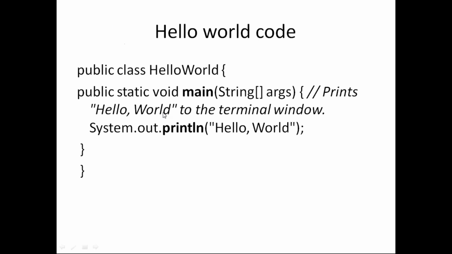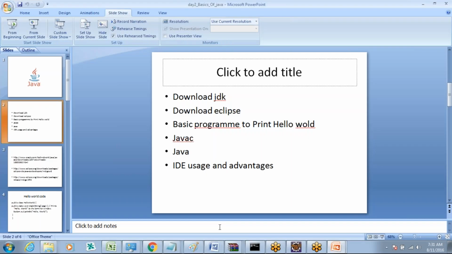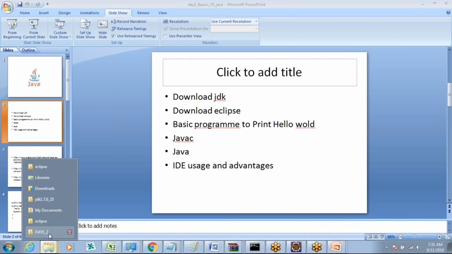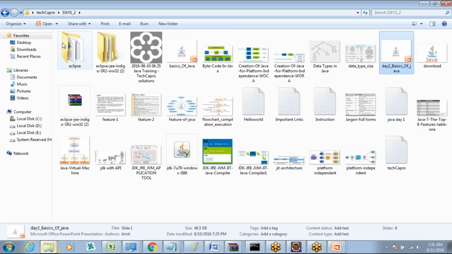Okay. Now for this, let's go ahead. Again, I'll show you once again how to compile it and execute it, and where to see the output. Okay. So we'll go for a few more topics which I have created for you all.